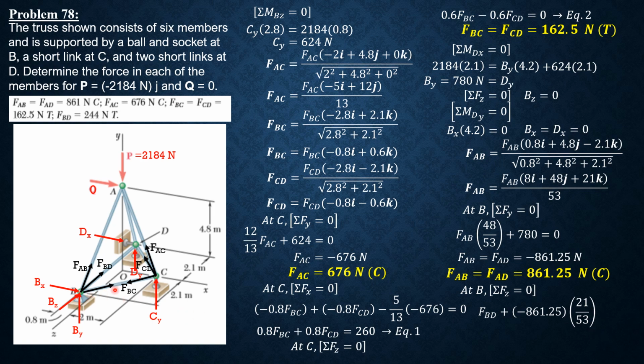Then the z component of FBC, which is 0.6 of FBC, and FBC is 162.5, so 162.5 times 0.6, equals 0. Solving for FBD, FBD is 243.75. So that's it. The member forces are completely found. That's the solution to this problem.